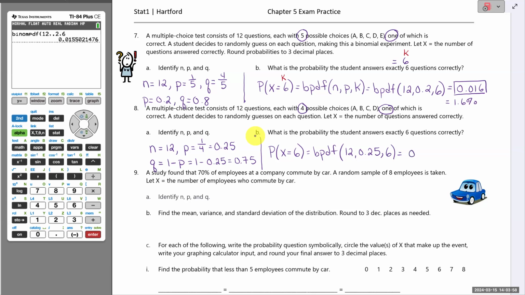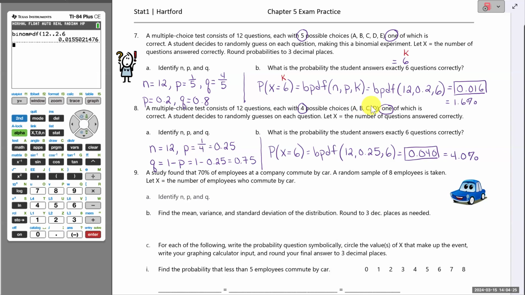I'm just going to write answers now. That one will be 0.040. And again, if you want to think percents, that would be 4.0%. So getting 6 questions correct, the probability there goes up because we have a bigger chance of being correct when there's only 4 choices.